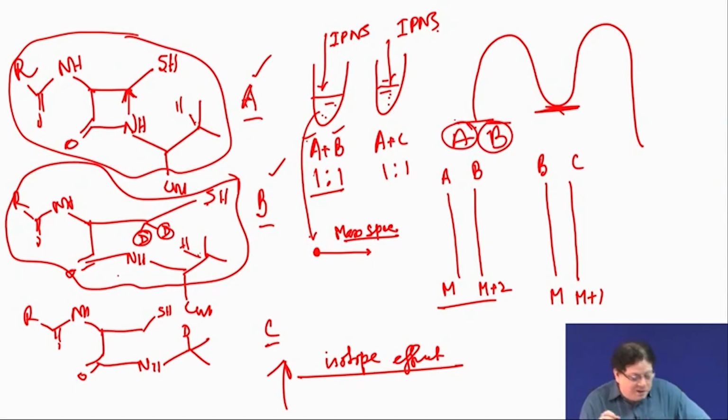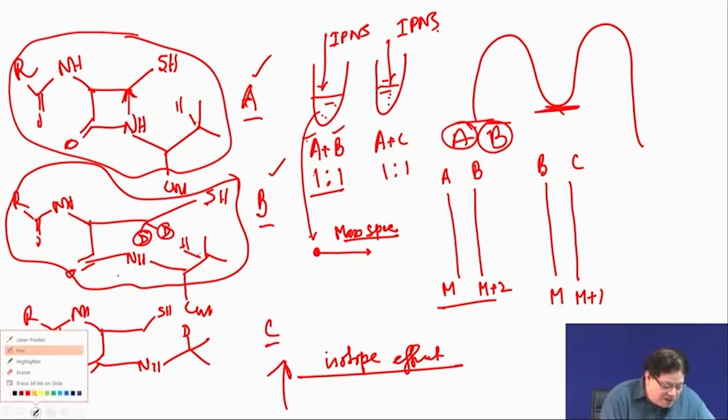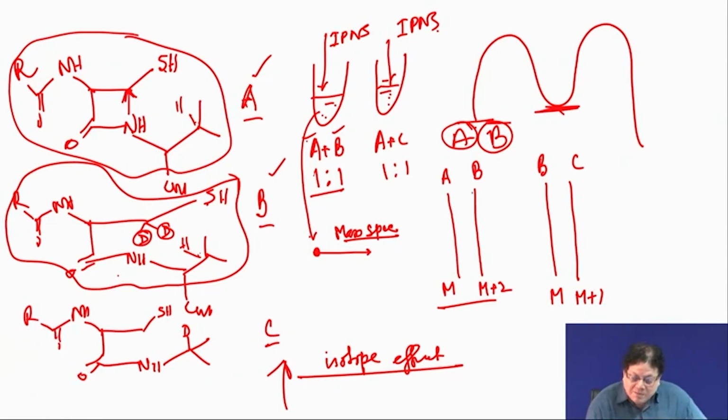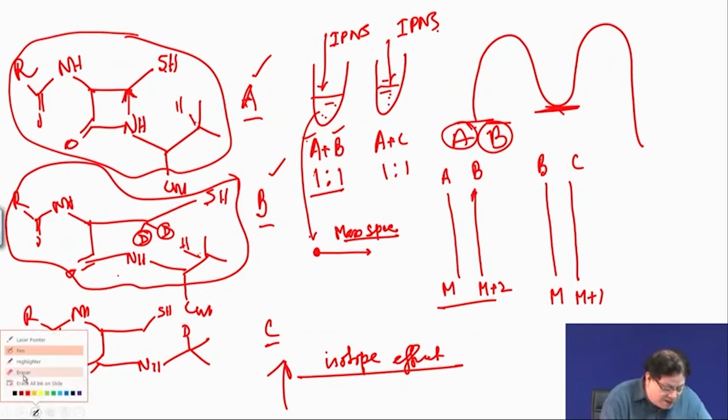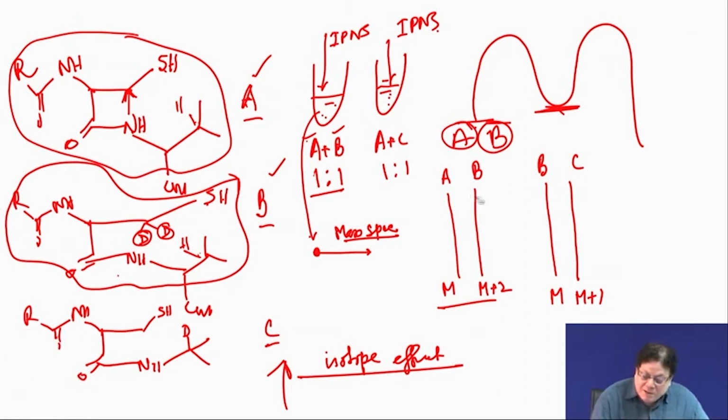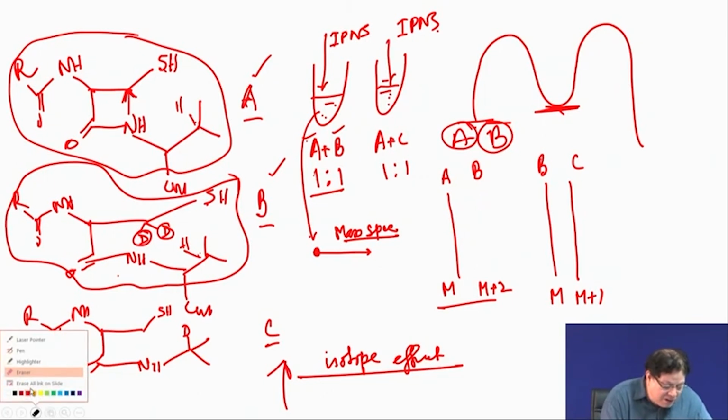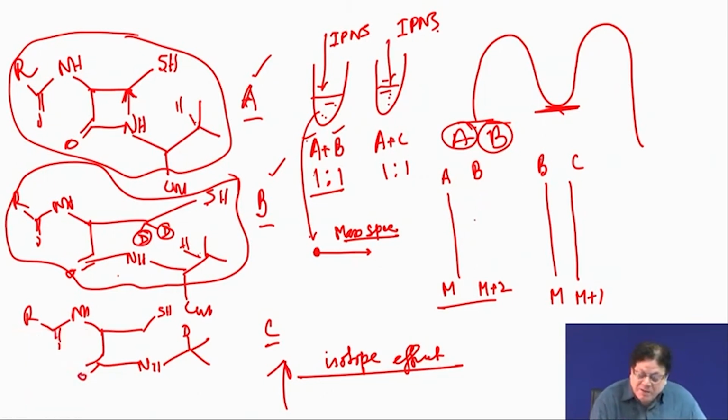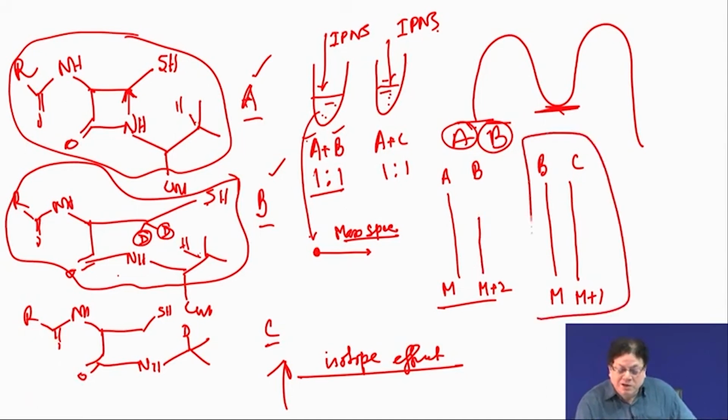What was the experimental result? The experimental result was that the ratio changed here, but on this side the ratio remained the same. So, what does it prove?